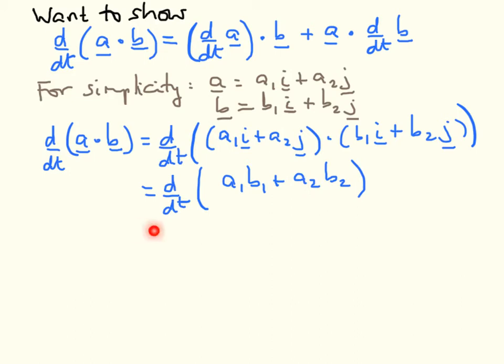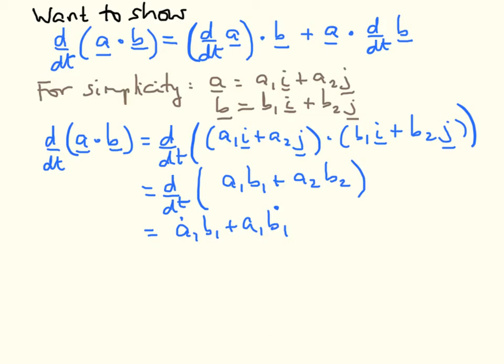So what we obtain, using dot notation for simplicity, is a1 dot b1 plus a1 b1 dot. So I've just differentiated this term using the product rule. We differentiate this, multiplying by this, and then we add this times the derivative of this. So that's given us those 2 terms here.